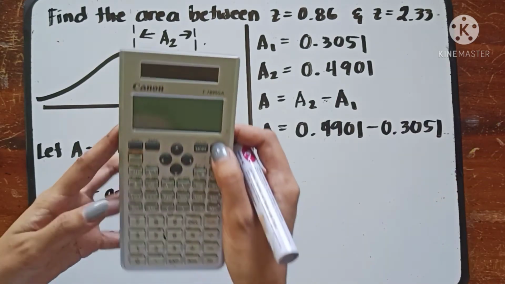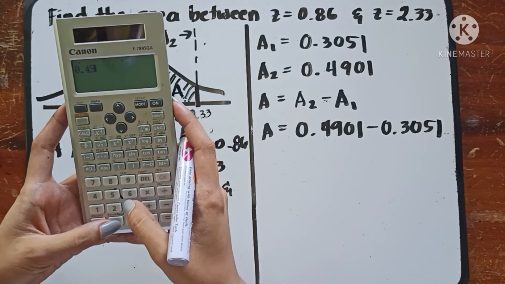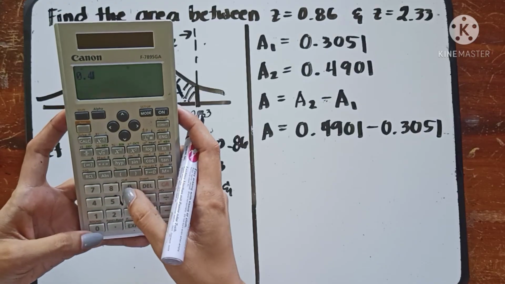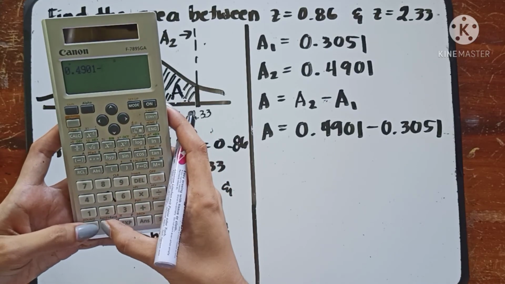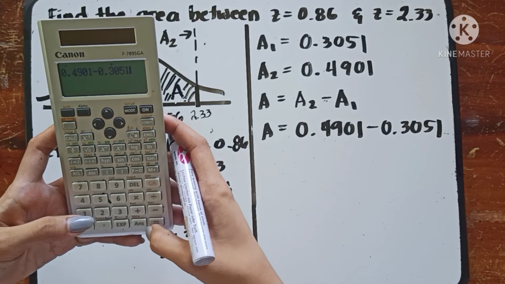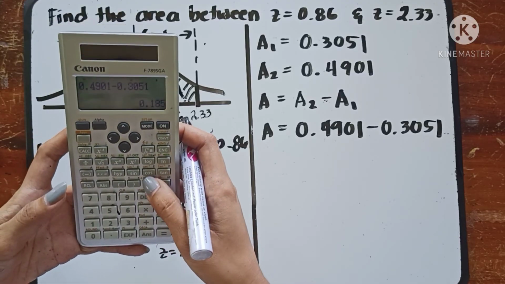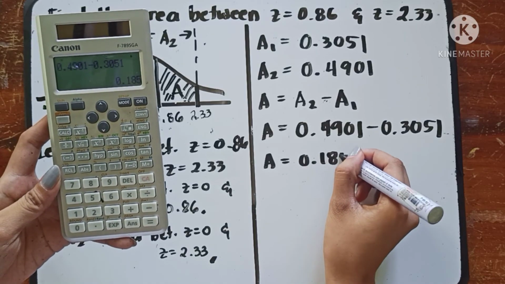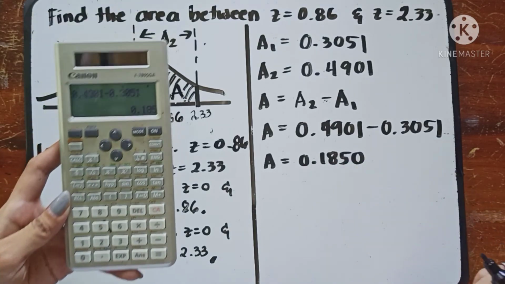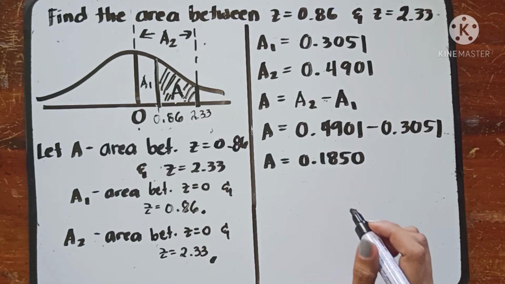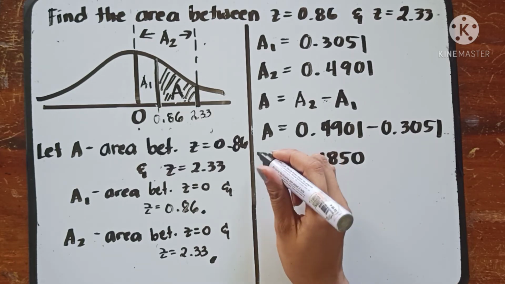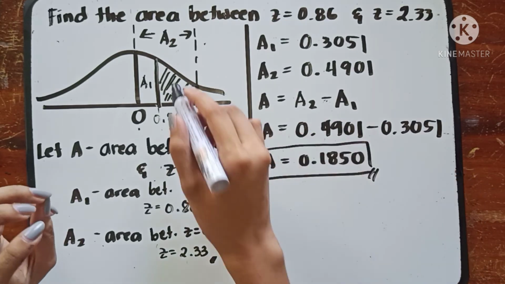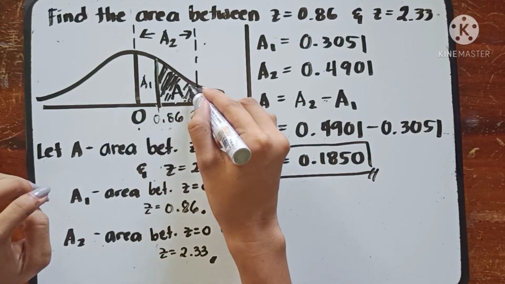So, 0.4901 minus 0.3051 is equal to A is equal to 0.185 or 0.1850. It's just the same. So, A is equal to 0.1850. Okay? So, ibig sabihin, itong shaded part na to, yung area nito ay 0.1850.